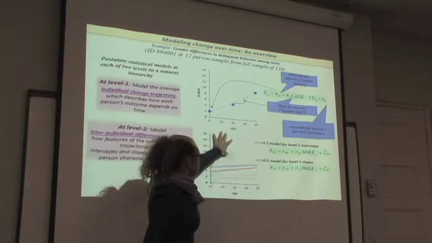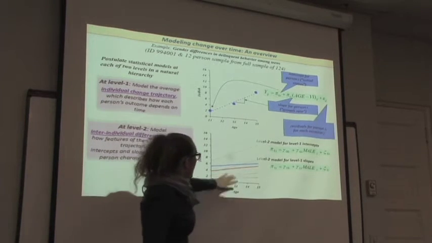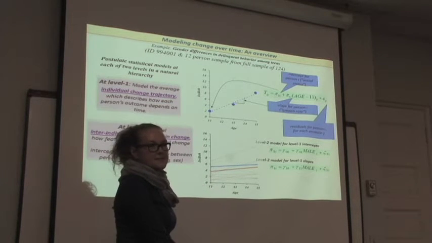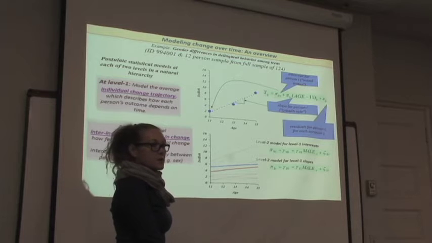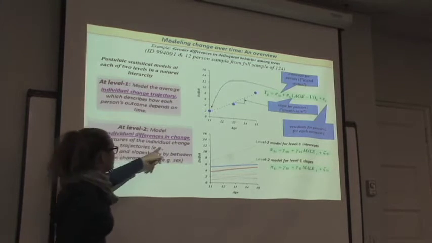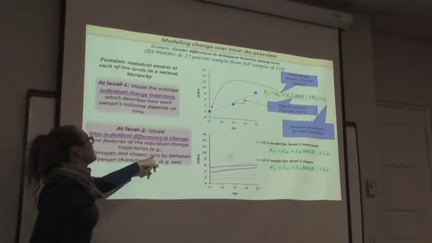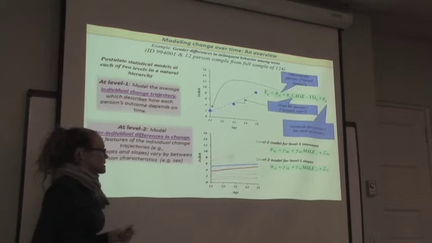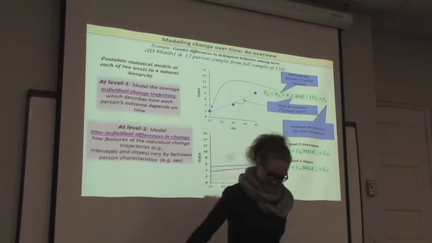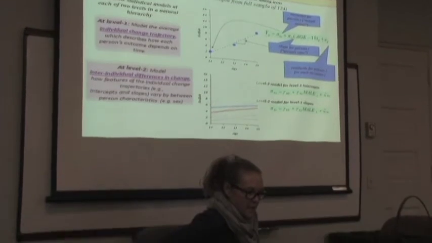But for the message here, in terms of what we are thinking about, we've got girls in red, boys in blue, and we're asking the same question: do intercepts and slope differ by sex? How do features of individual trajectories, intercepts and slopes, vary by between person characteristics, for example, sex? Okay? Let's see if there's anything else.